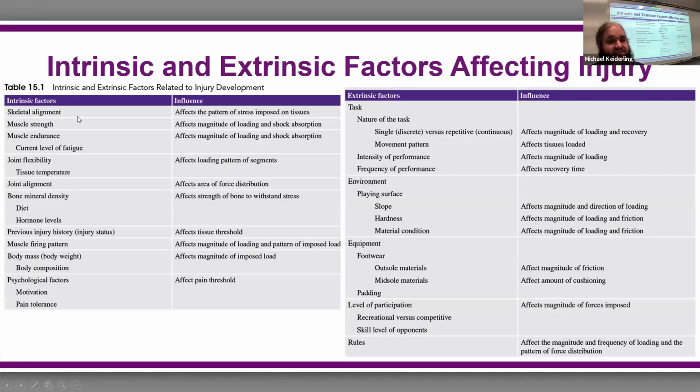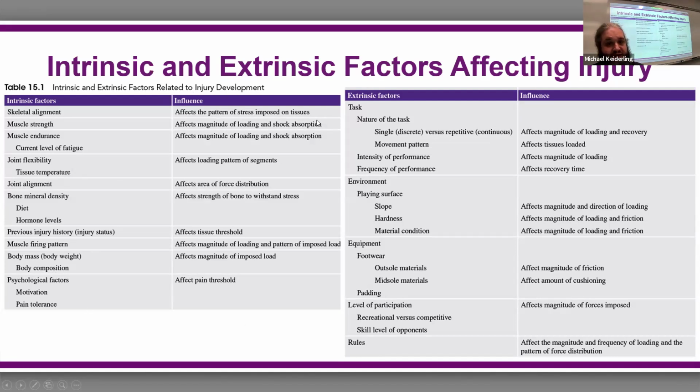So some intrinsic factors are things like your skeletal alignment, your muscle strength, your muscle endurance, and your current level of fatigue, your joint flexibility and your tissue temperature, your joint alignment, your bone mineral density, which is affected by your diet and hormone levels, your previous injury history, your muscle firing pattern, your body mass, which is affected by your body composition, and various psychological factors like motivation and pain tolerance.